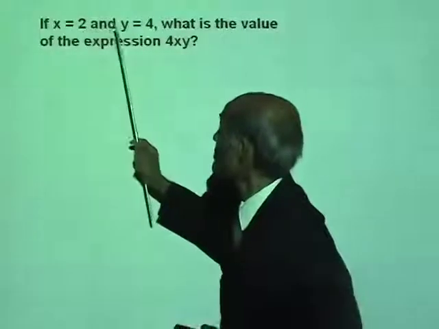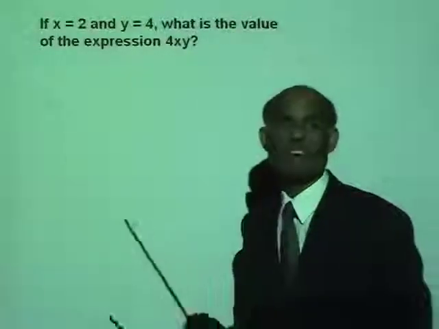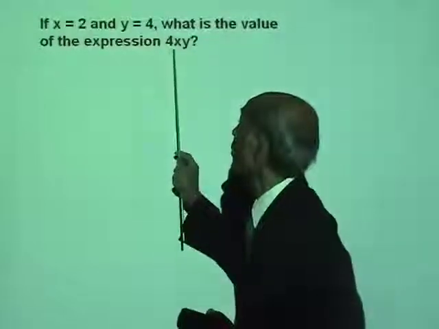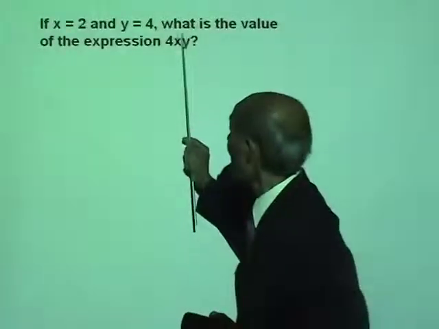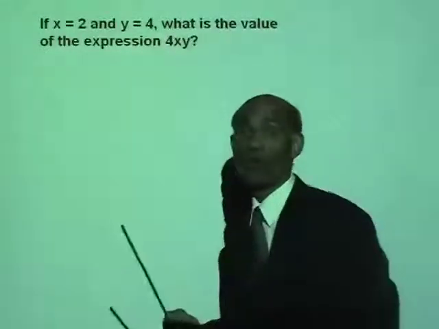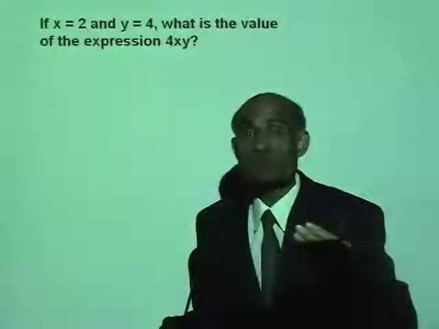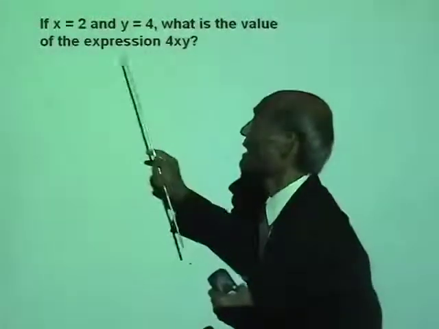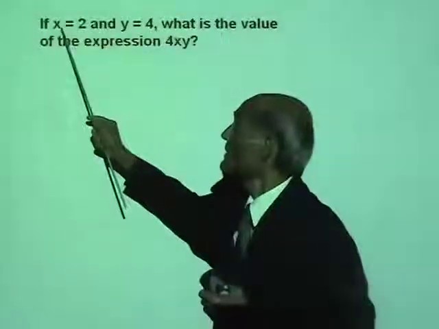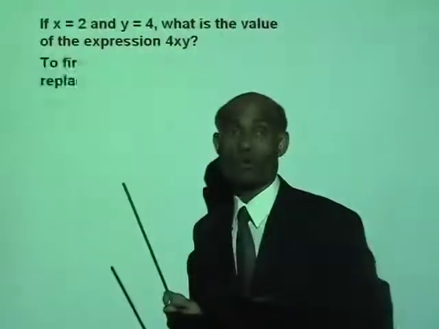If x equal to 2 and y equal to 4, what is the value of the expression for xy? So here we have an expression for xy. We can find the value of that expression if you know the values of x and y. We are given that x equal to 2 and y equal to 4.